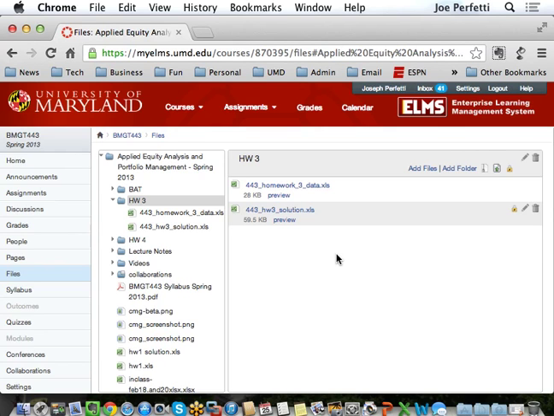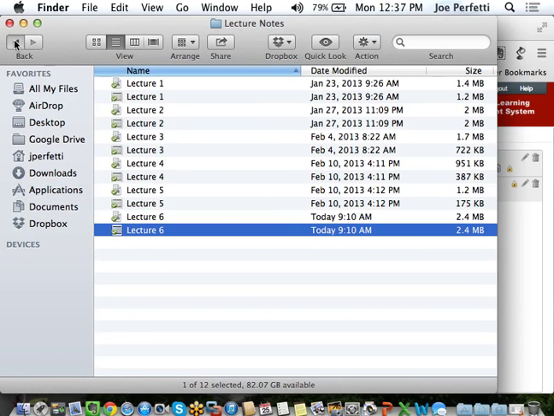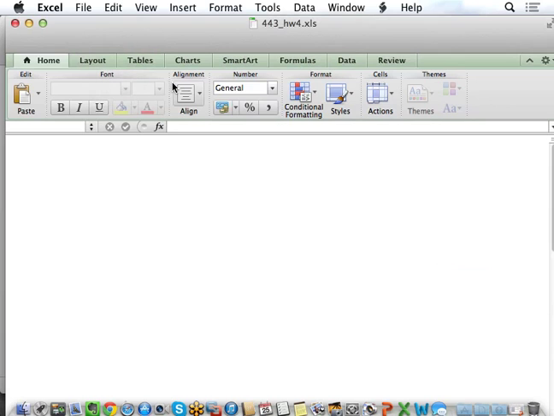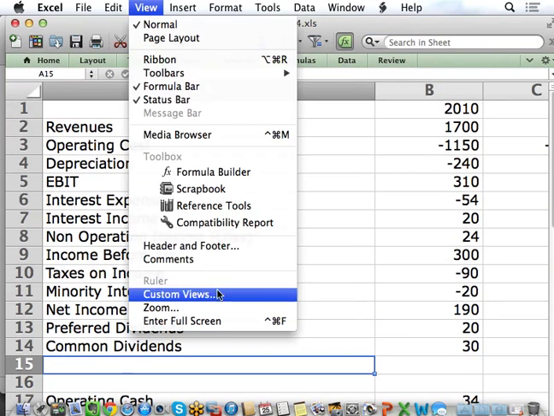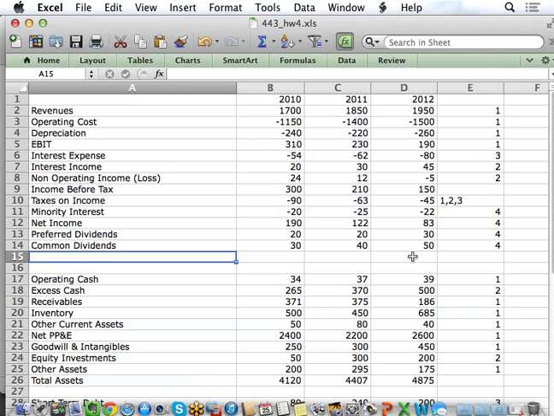Then, remember there's no class on Wednesday. In lieu of Wednesday's class, you will need to complete homework 4. So homework 4 is similar to homework 3. There's the file. If I open up my Excel file for homework 4, then primarily what's going to be different between homework 3 and homework 4 is that homework 4 is going to have many new categories.